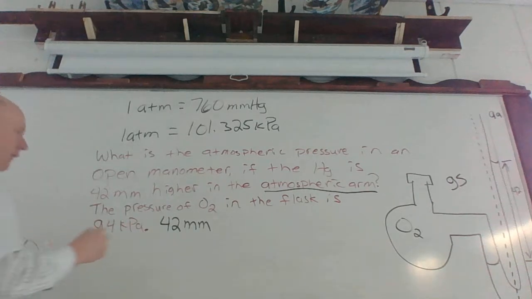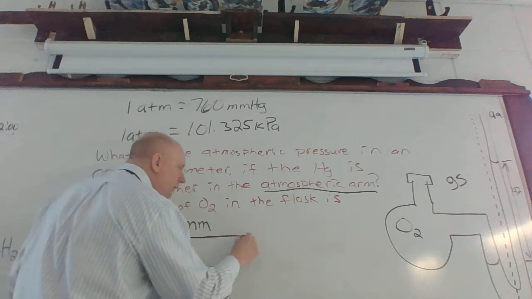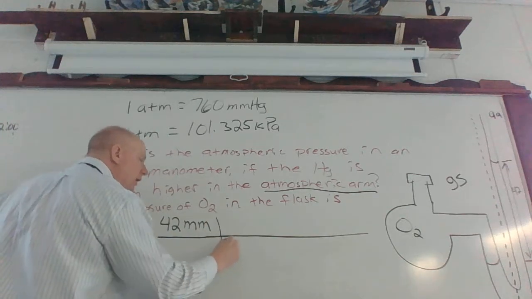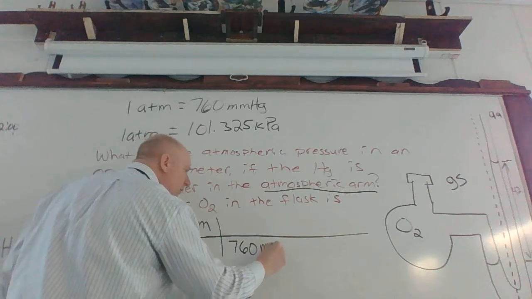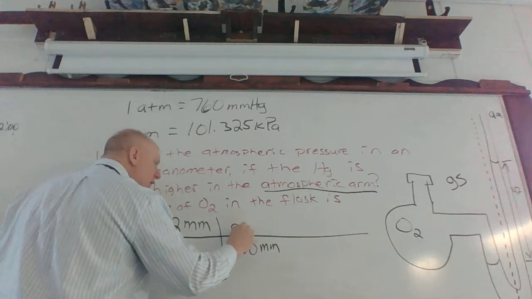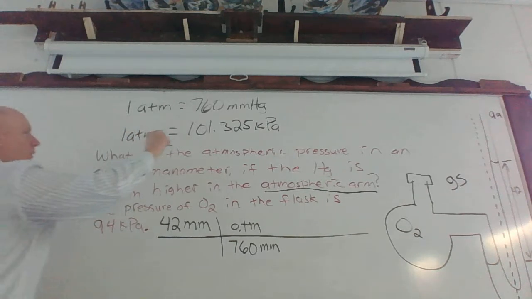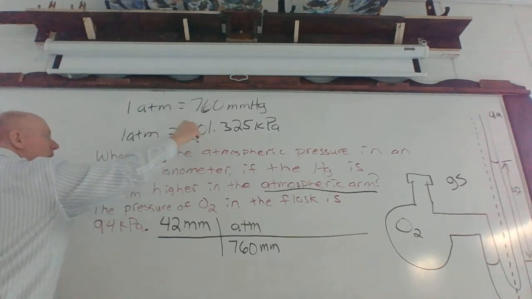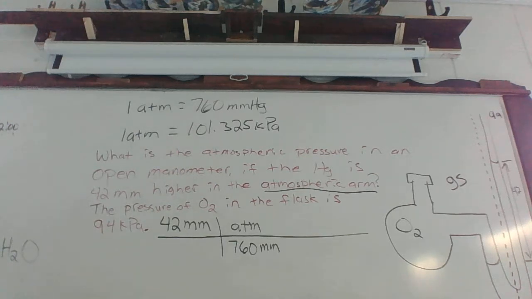How many of those millimeters are equal to an atmosphere? For every 760 millimeters of mercury, we get an atmosphere. One way of looking at it is you're going this way, over, and down, because there is no conversion between millimeters and kilopascals unless you go through the atmospheres first.